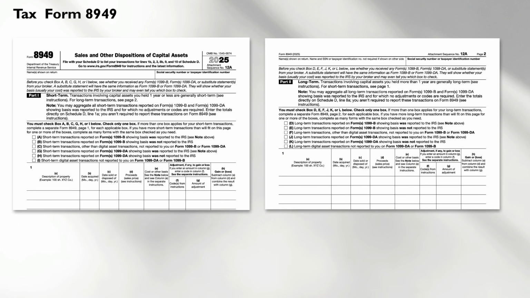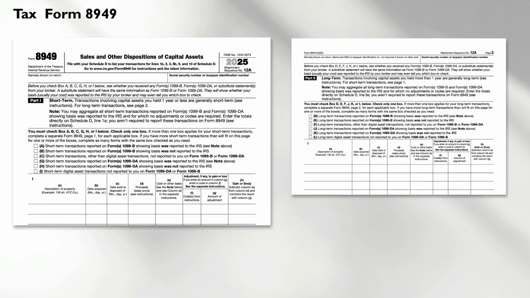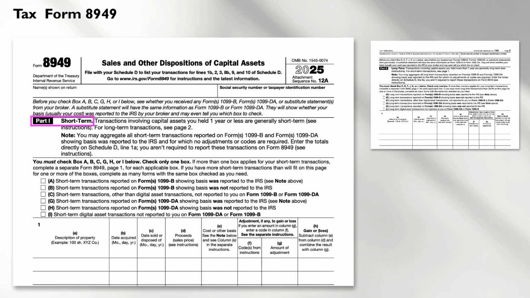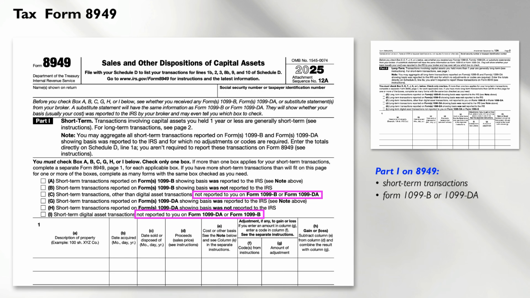Under each part of 8949, you must check a letter box that describes the type of transaction. For Part 1, short-term transactions, the boxes include A, B, C, G, H, and I. These represent short-term transactions reported on Form 1099-B, Form 1099-DA, or transactions not reported on either form but similar in nature.